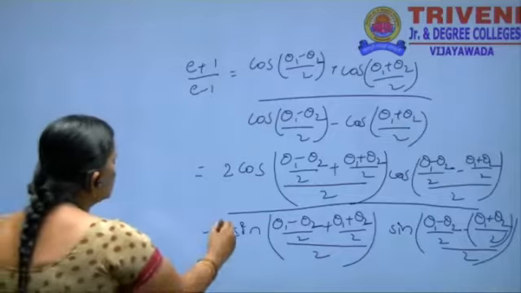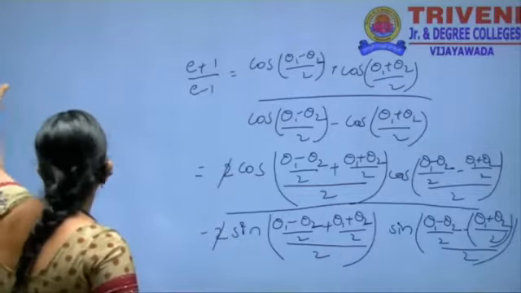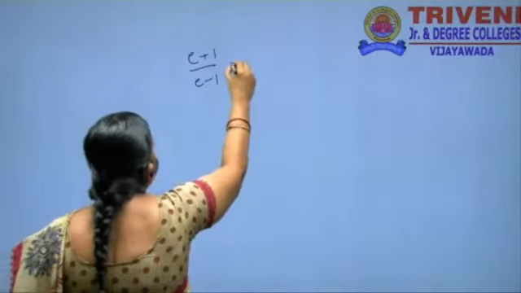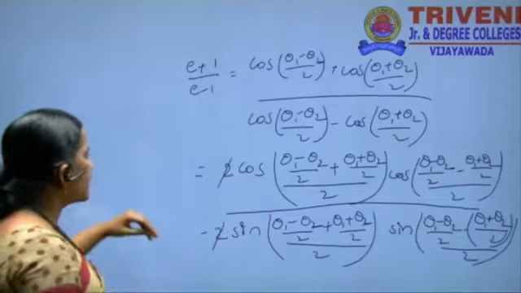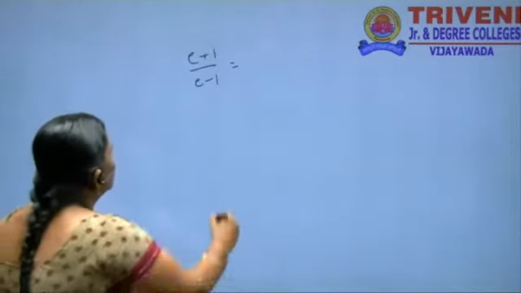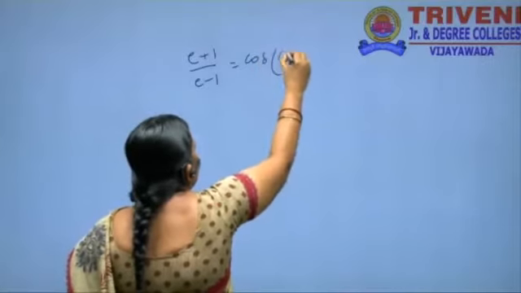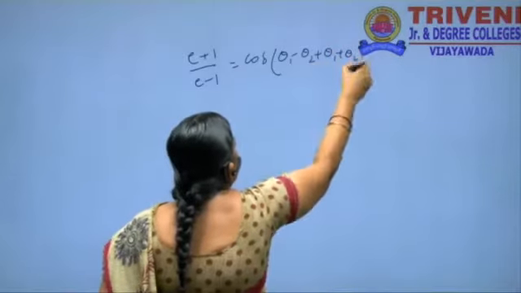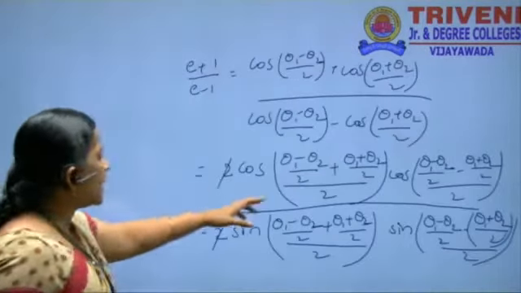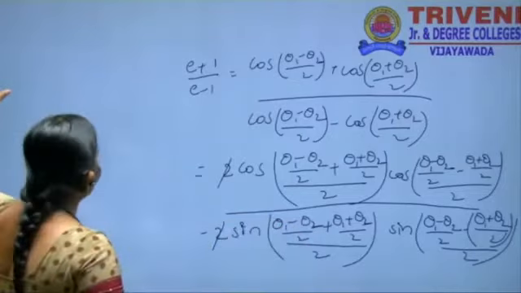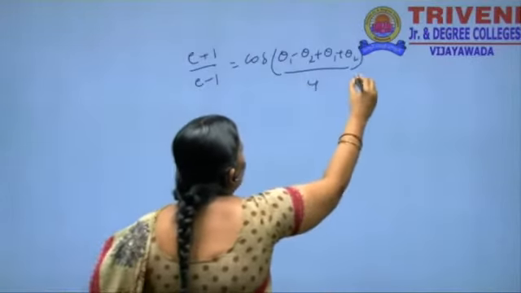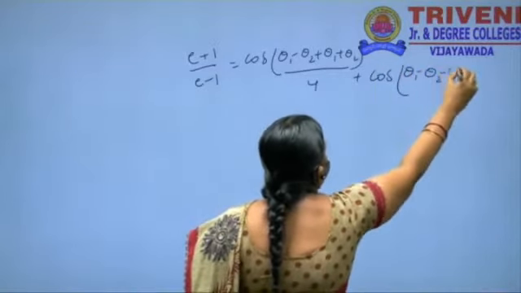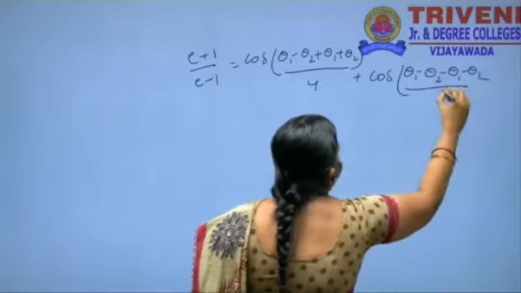Here the 2 gets cancelled. Then (e plus 1) by (e minus 1) is equal to, in the numerator, cos of (theta 1 minus theta 2 plus theta 1 plus theta 2) by 4, plus cos of (theta 1 minus theta 2 minus theta 1 minus theta 2) by 4.